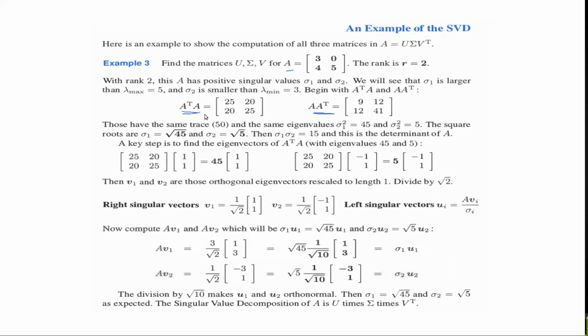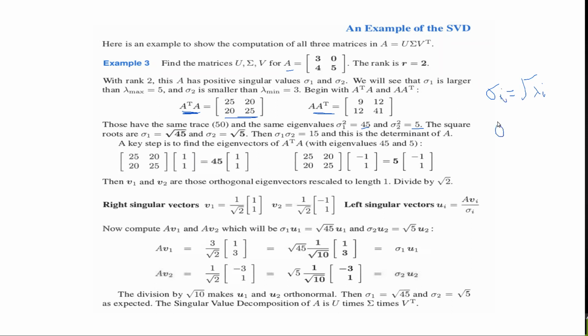Anyway, we find that the eigenvalues of this matrix A transpose A are 45 and 5. The first eigenvalue is 45, and the second one is 5. Remember that we said that the singular values are just the square roots of the eigenvalues, okay?